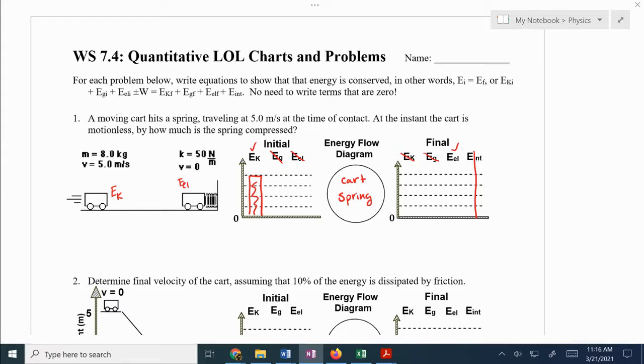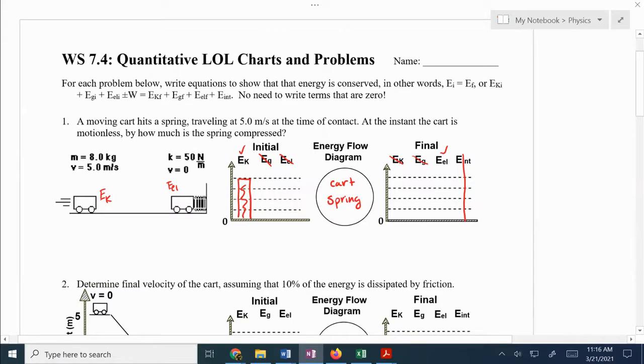There's no work done because there's nothing adding energy between the initial and final, and there's also no friction or anything causing us to lose energy, so no work done there. That means we just end up with some elastic energy at the end.